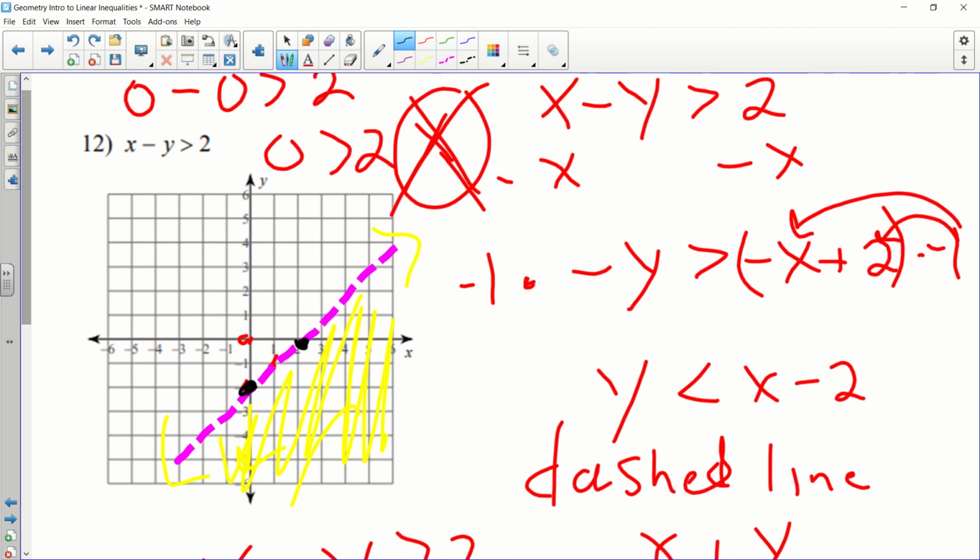That is how we graph linear inequalities. Again, greater than or equal to, less than or equal to: solid line. Greater than or less than: dashed line. And the key difference is the shading. Less than or equal to, or less than, I'm going to shade below the line. Greater than or equal to, or greater than, I'm going to shade above the line.